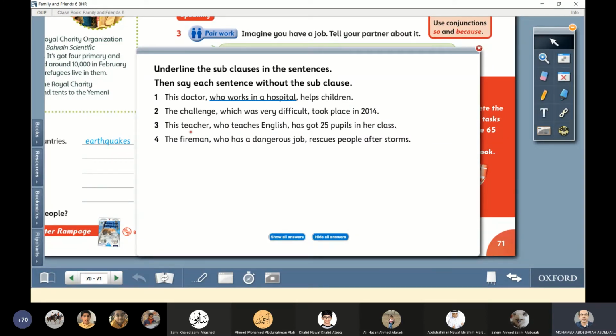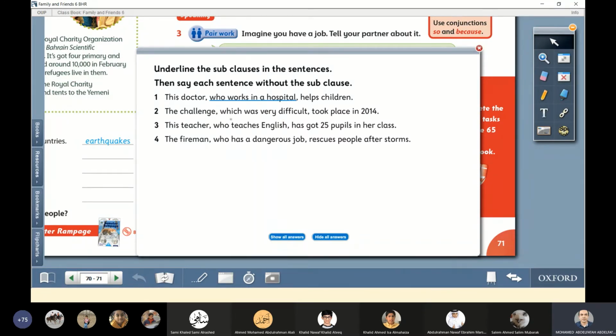Here, students, which part is the subordinate clause? Which was very difficult. Bravo, Khalid. Excellent. You are the king of our lesson today because you are the first one to answer today in our lesson. The challenge, which was very difficult, took place in 2014.